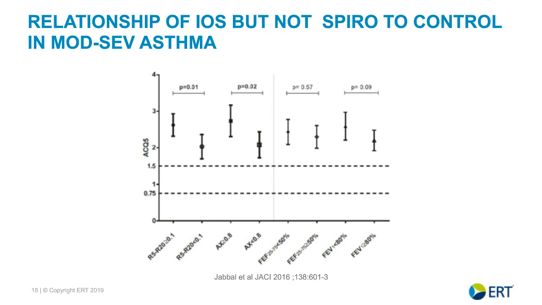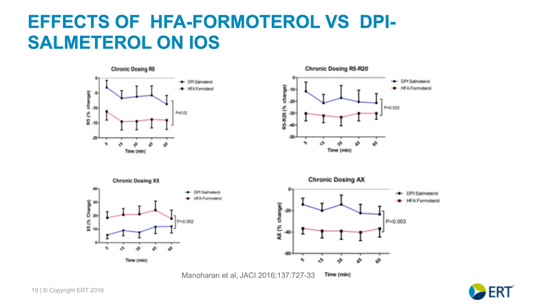This is looking at two formulations of long-acting beta agonists, namely a small particle formulation of formoterol and a large particle formulation of salmeterol, looking again on oscillometry. So this was looking at chronic dosing at steady state, comparing the small particle formoterol with the larger particle salmeterol.